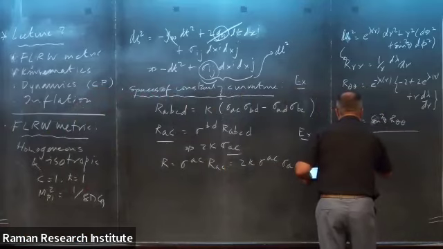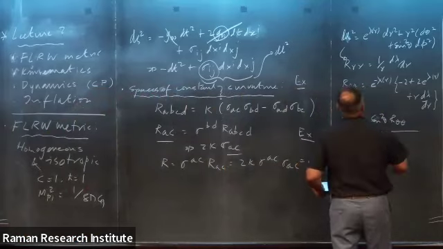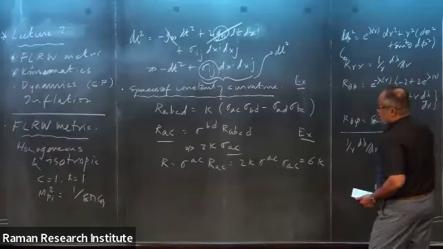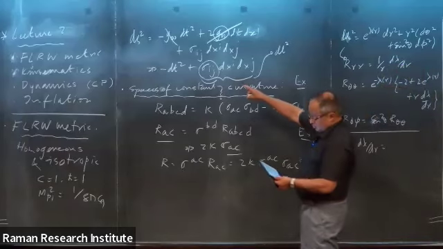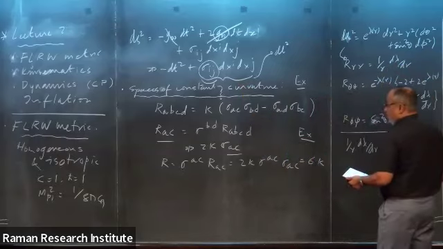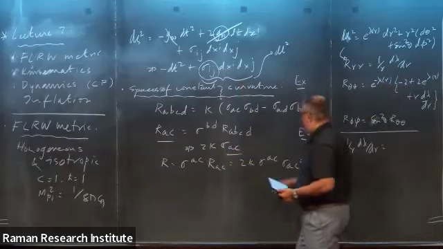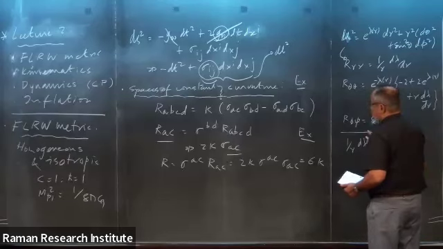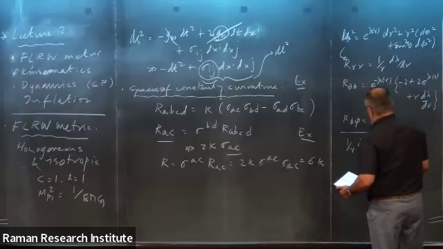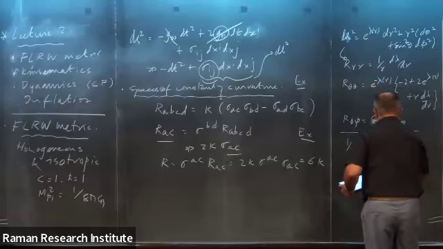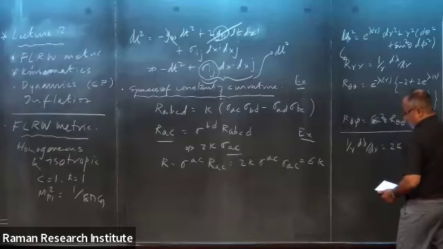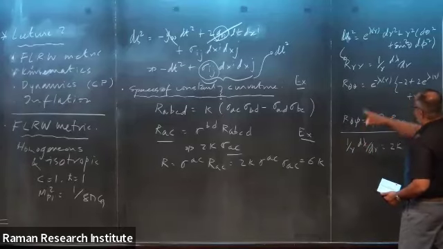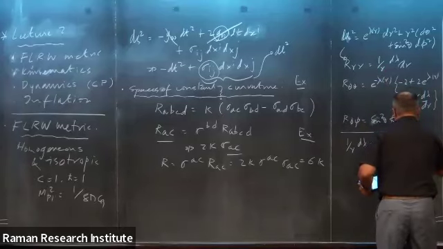1 over r d lambda by dr, which is this, equal to what? Not the zeroth component, the g_rr component. It has to be 2k, right? What else should it be? Sigma AC. What is sigma AC? e power lambda.